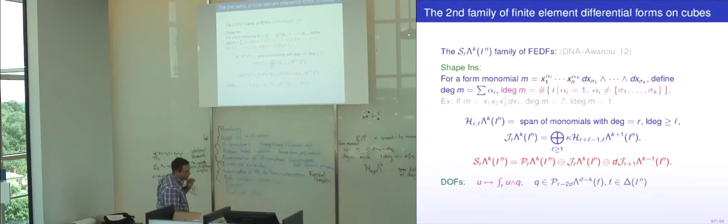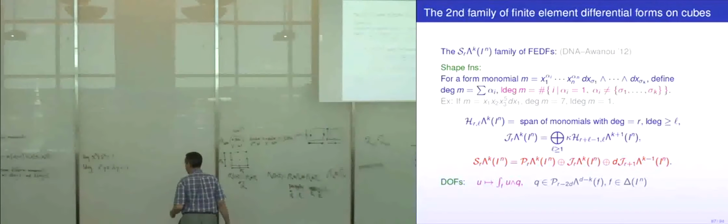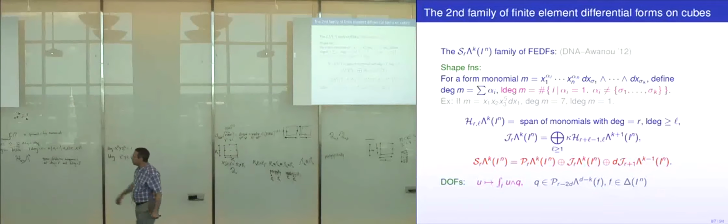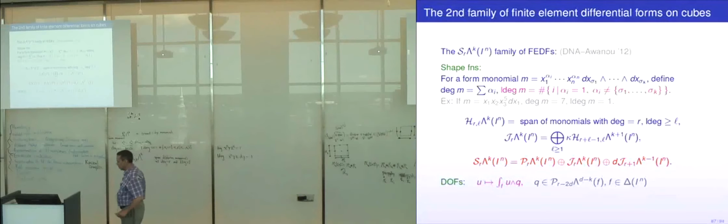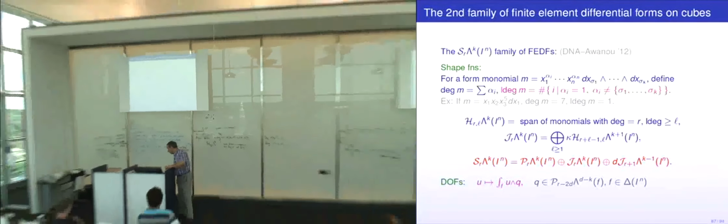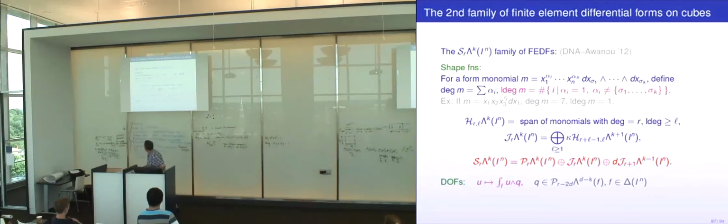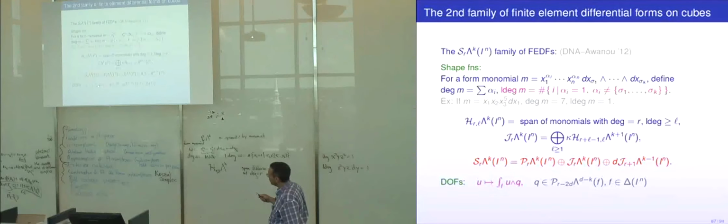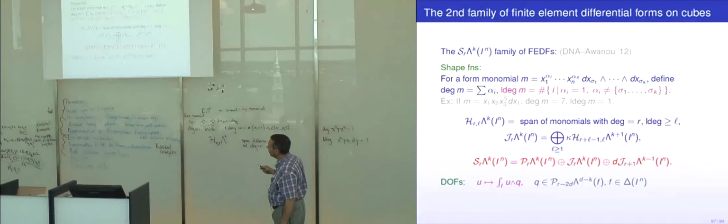Now, why that crazy definition? What was guiding us is we knew what we wanted for the degrees of freedom. The degrees of freedom are incredibly simple as opposed to those incredibly unusual looking shape functions. So here's the degrees of freedom. You just take u, you restrict it to the face, or a trace there if you like, and you weight it by just ordinary polynomials.